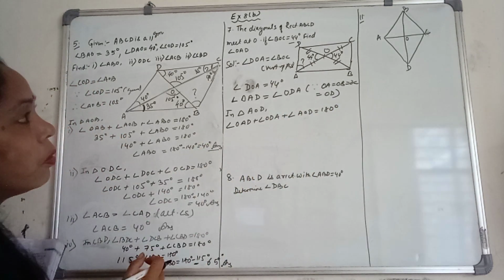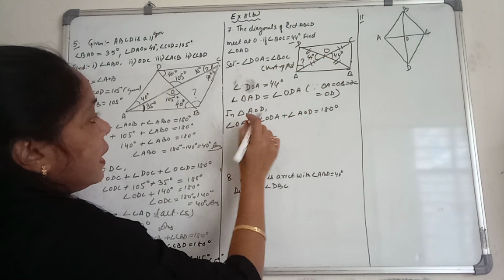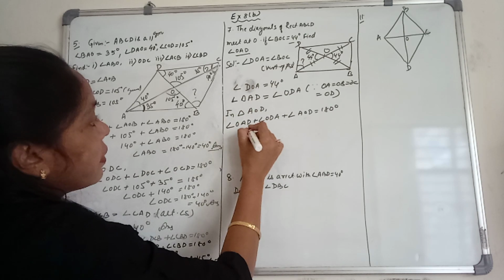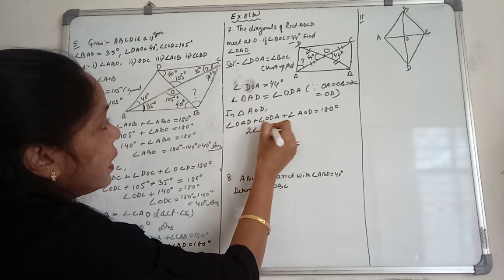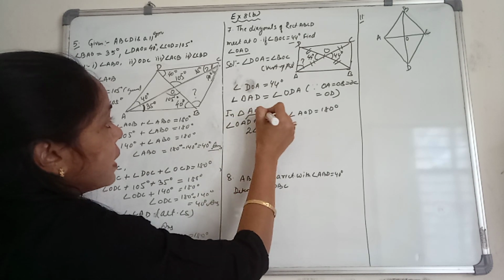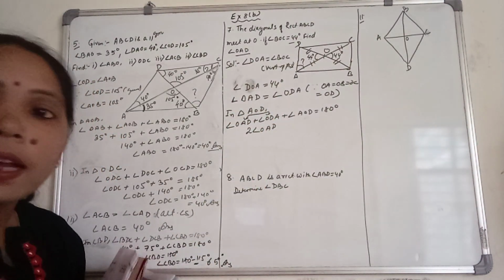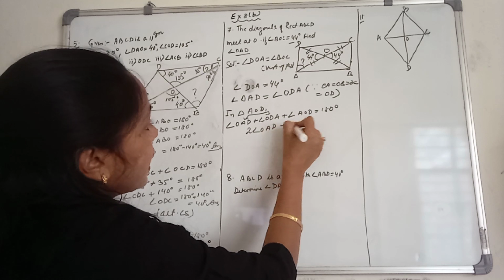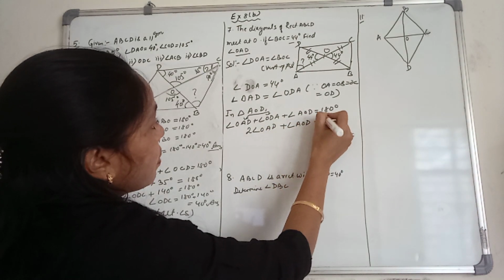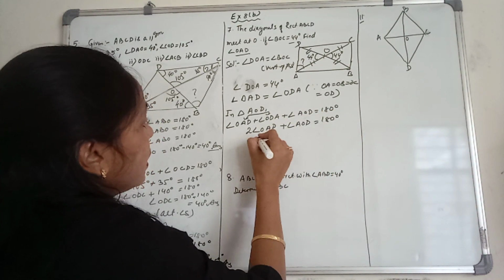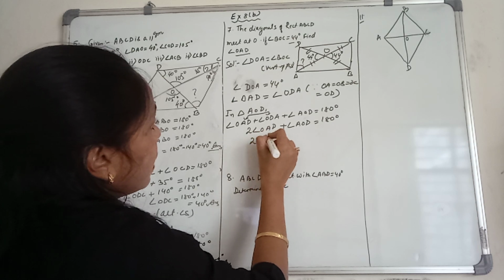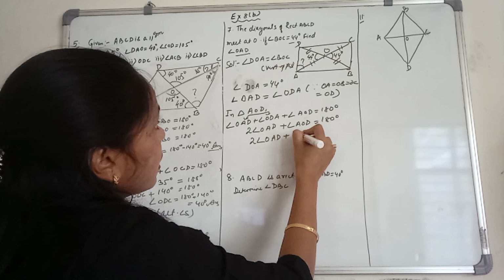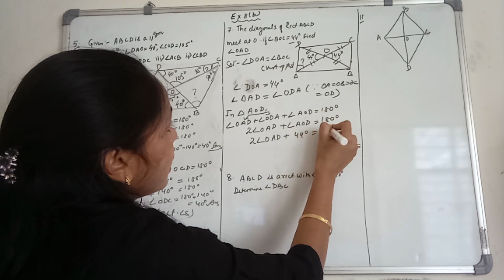Angle OAD and angle ODA are the same, so we write twice angle OAD plus angle AOD equals 180 degree. So twice angle OAD plus 44 degree equals 180 degree.